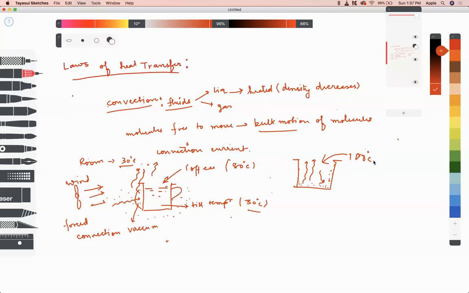So this is all about your convection. Let us go into the third mode of heat transfer.